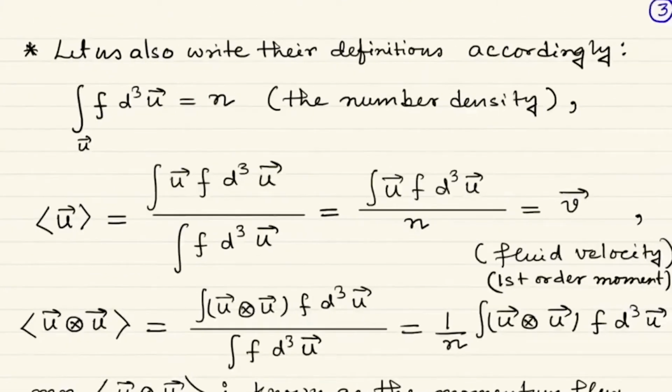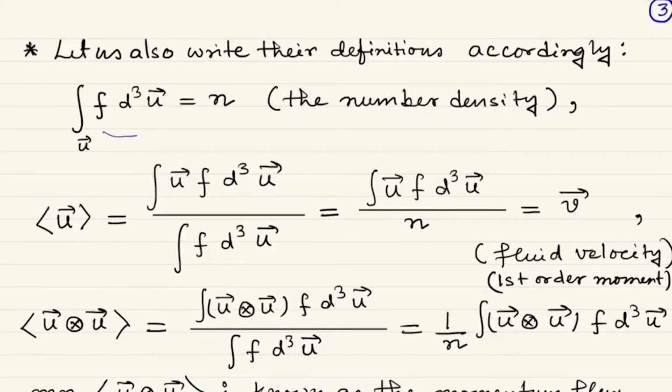Now let us write their definitions accordingly, and for that we can easily say, as our previous knowledge says, that f d cube u is the number of particles per unit volume, per unit phase space volume.